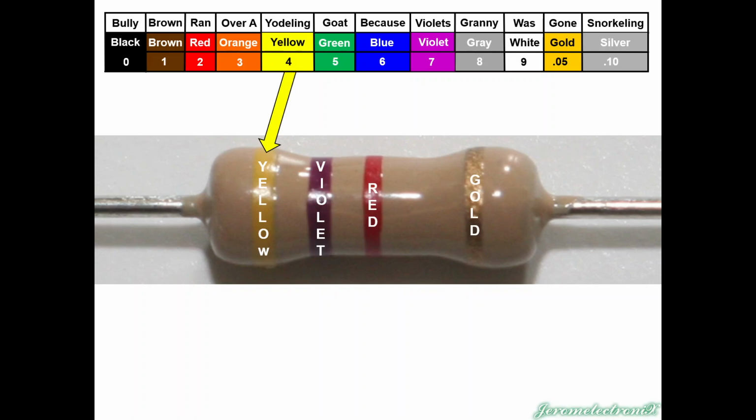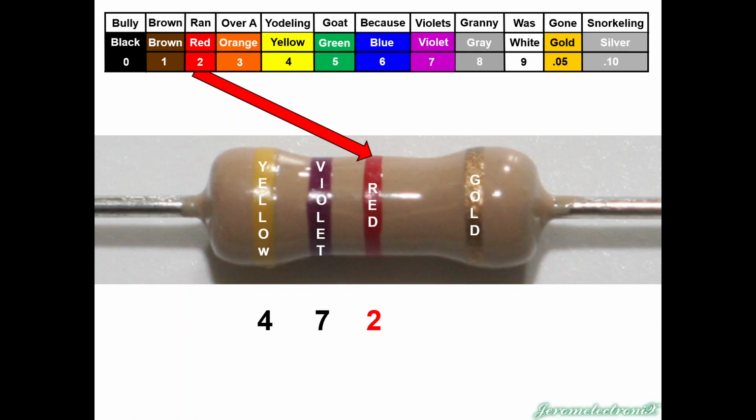So we put a 4 right there, and we've got the first color band of this resistor decoded. The second band is violet. That is a 7, so we're going to put a 7 down there. The third band is red, so we could put a 2 down there because red is 2, except things change right here.